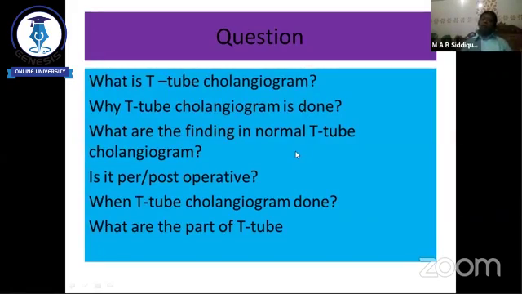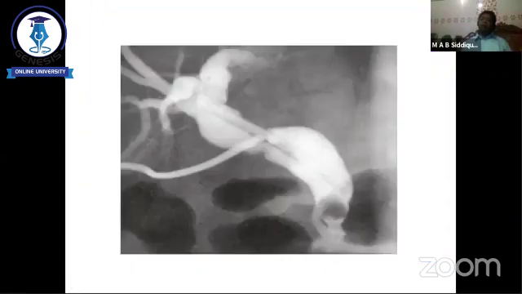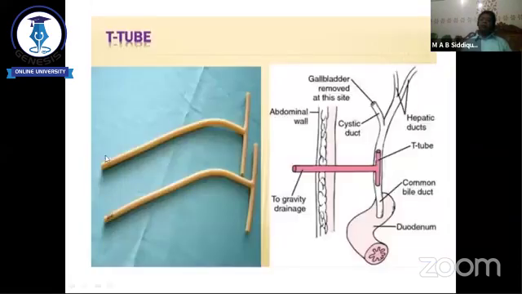What are the parts of the T-tube? Already we showed a picture of the T-tube. This is the T shape, and this is the short limb. The short limb has two angles: the lower angle is an acute angle and the upper angle is an obtuse angle.